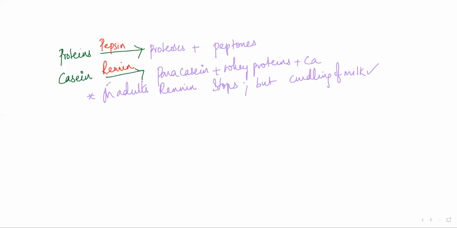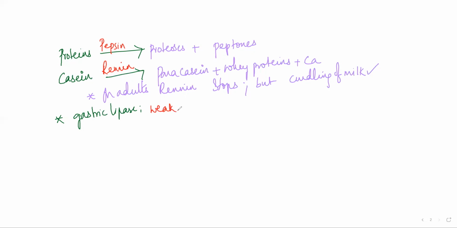Now, coming on to the lipase, the gastric lipases which are present in the gastric juices are actually weak in nature. This is important for us to remember, that the gastric lipase is weak in nature.